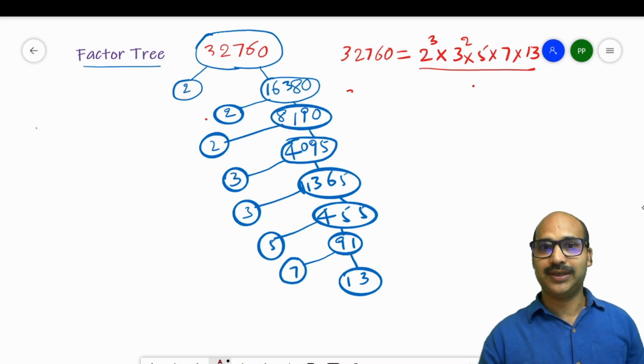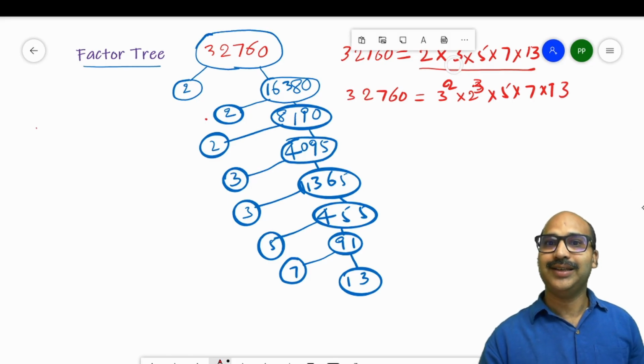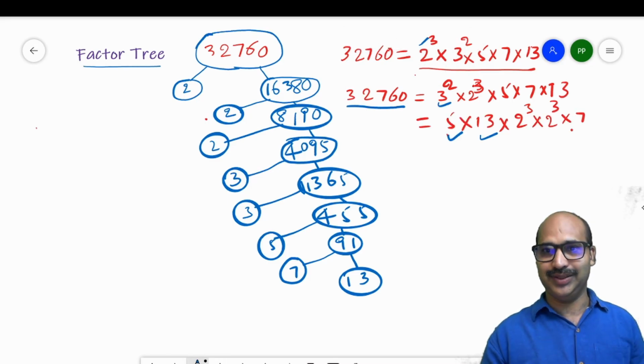The same number 32760 can be written as, first we can write 3 square, then 2 cube, then into 5, into 7, into 13. Here these 2 and 3 places are changed.